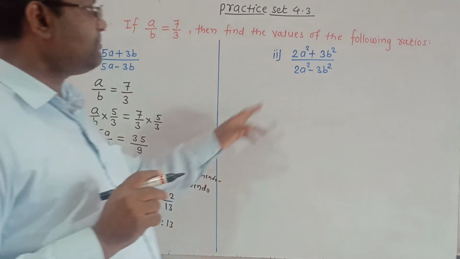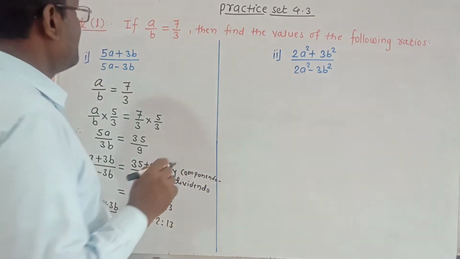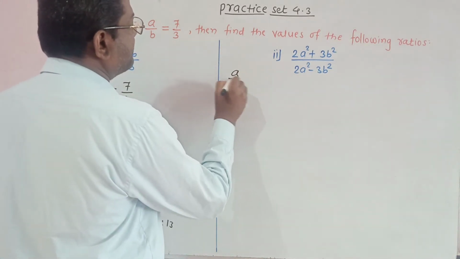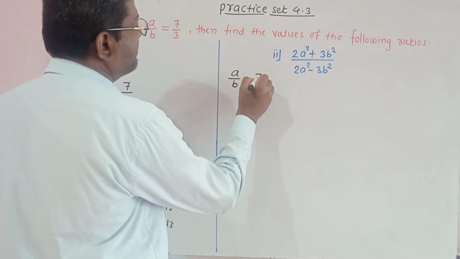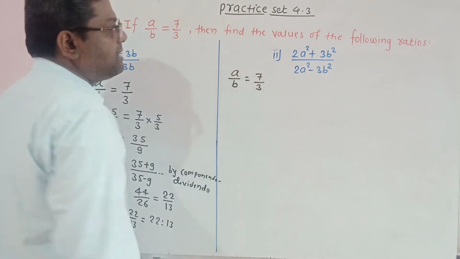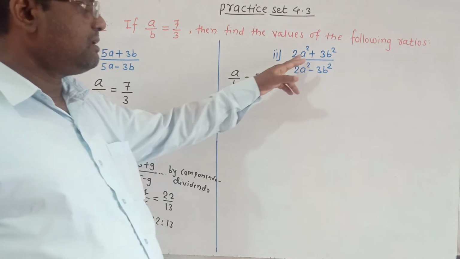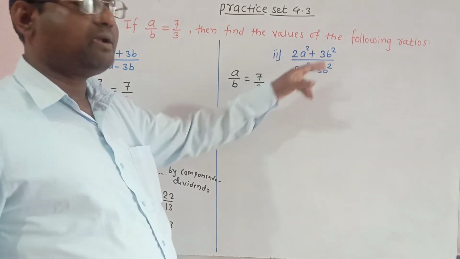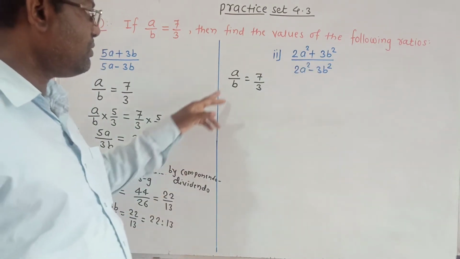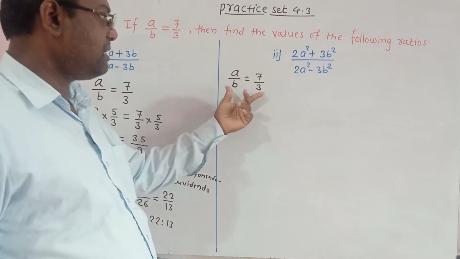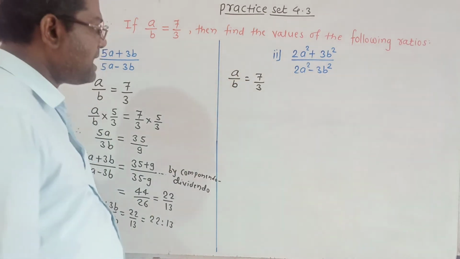Now example number 2. Here we have given A upon B is equal to 7 upon 3, but in the example there are the terms A square and B square. Therefore we have to square this equation on both sides.